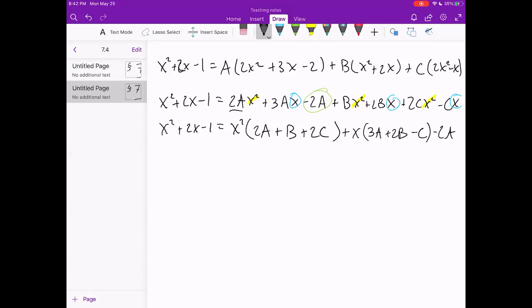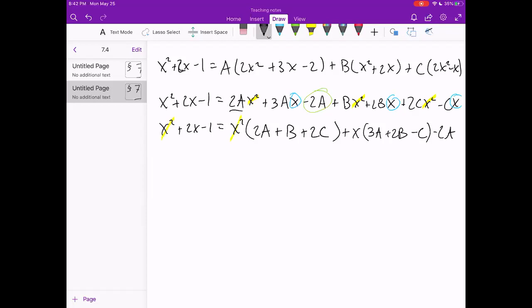And now the idea is, if I compare these two sides, I have two polynomials here. So this is x squared plus a constant, x squared plus x plus a constant. So the idea is, if I know two polynomials are equal for any value of x, so every value of x they match, then whatever the coefficients of, let's say, the x squared are, have to be equal.